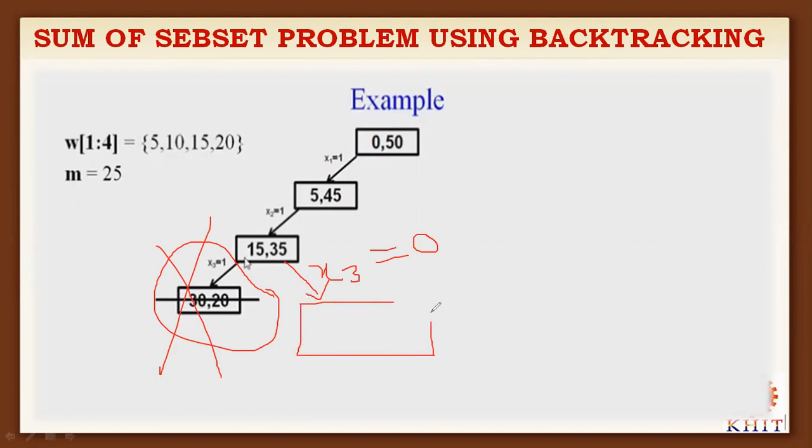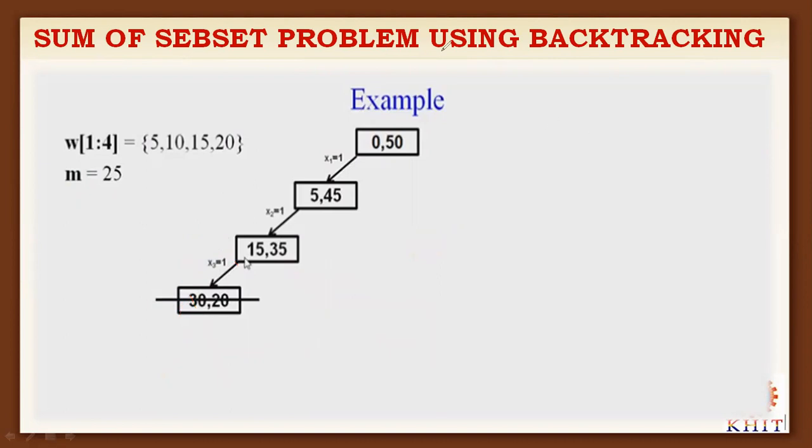I need to construct the tree. Hence apply backtracking. Now let me consider that the selection of x3 is not to be considered, hence x3 equal to 0. You can select x3 equal to 0 and find what weights we will get.